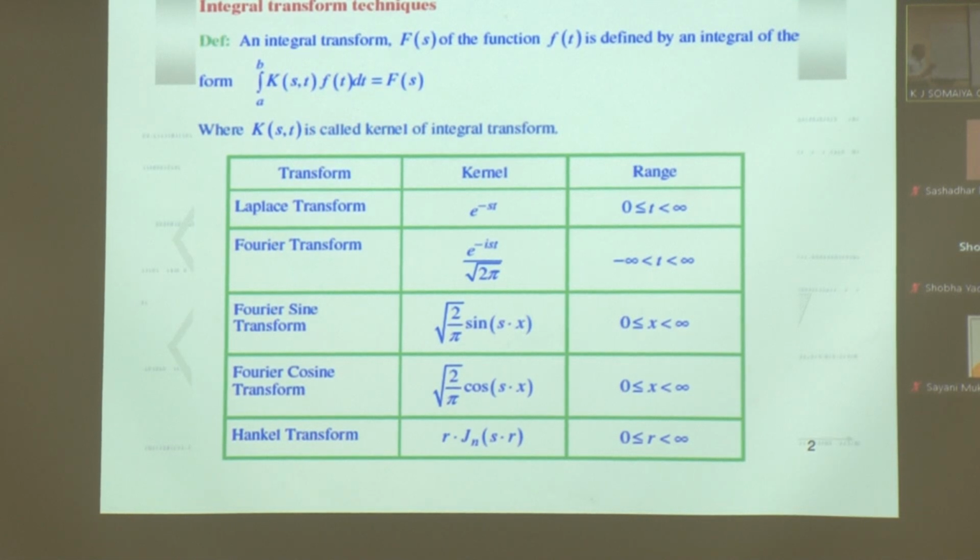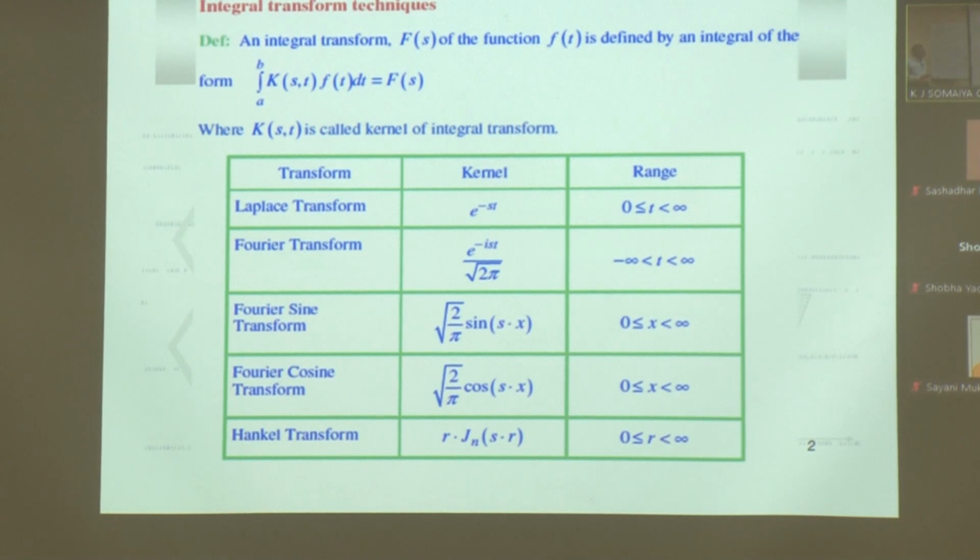Now as I told you, there are well-known transforms like the Laplace transform, Fourier sine transform, Fourier cosine transform, and Hankel transform, and these play a very important role as far as heat conduction problems are concerned. The kernel of the Laplace transform is e to the power minus st, an exponential kernel, and the limit varies from 0 to infinity.